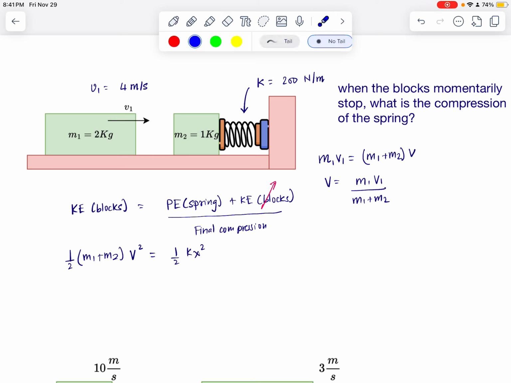If we plug in the value of v, we will get x equal to m1 plus m2 divided by k to the power half times v.